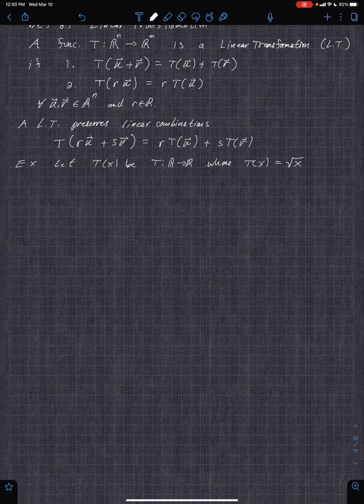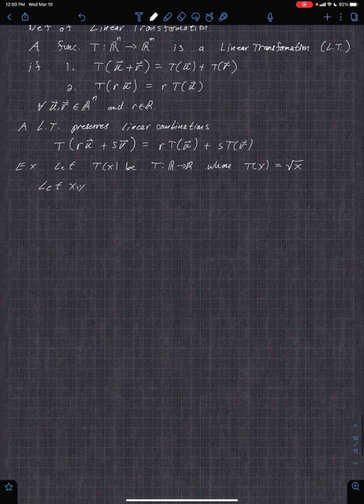So is the square root of x a linear transformation from R to R is the question. What do you think? Well, first you need your values in R to be arbitrary. So you arbitrarily let x and y, because you need 2. First you let them be in the set, in the first set, the domain. So now if it's true for those, because they're not specified what they are, they're just some arbitrary values in the domain, whatever happens will be true for all of them.